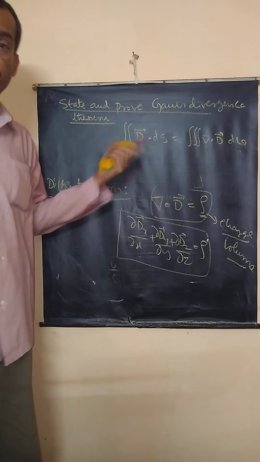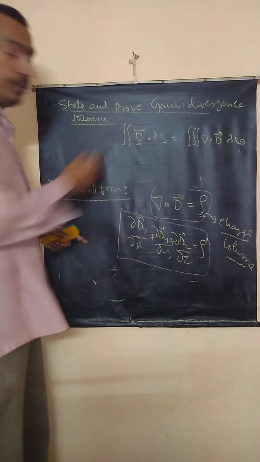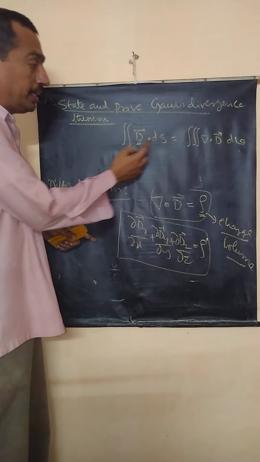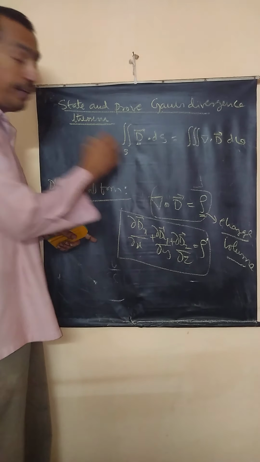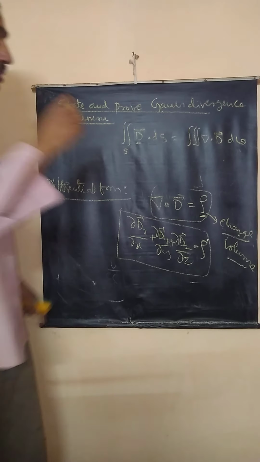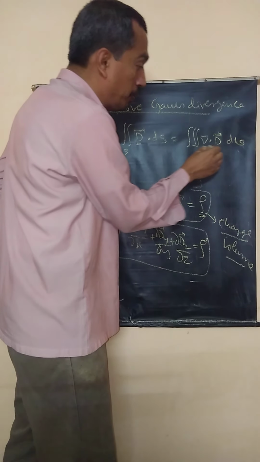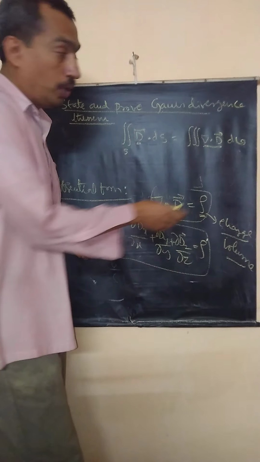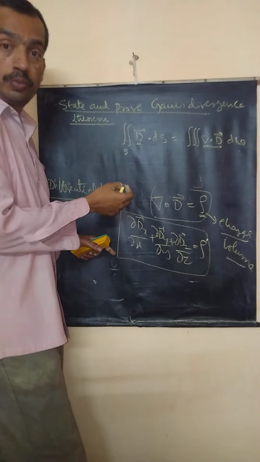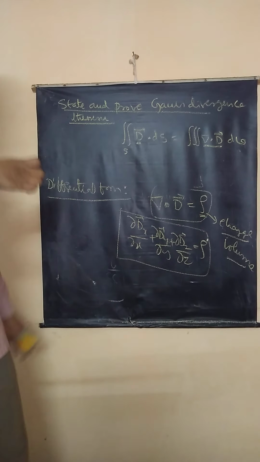Gauss divergence theorem says, for a vector, if you take the surface integral of the vector over a closed surface, it is equal to the volume integral of the divergence of the vector over the volume enclosed by this surface.